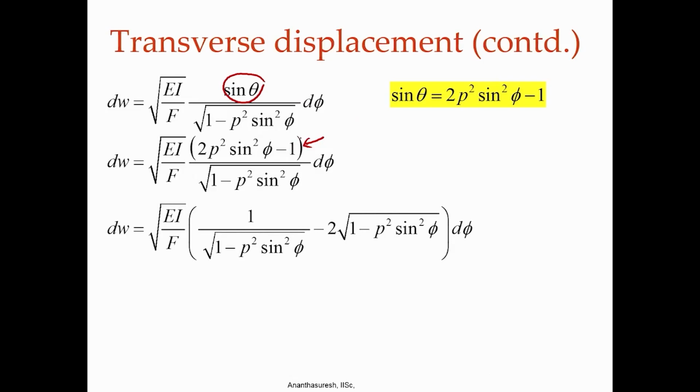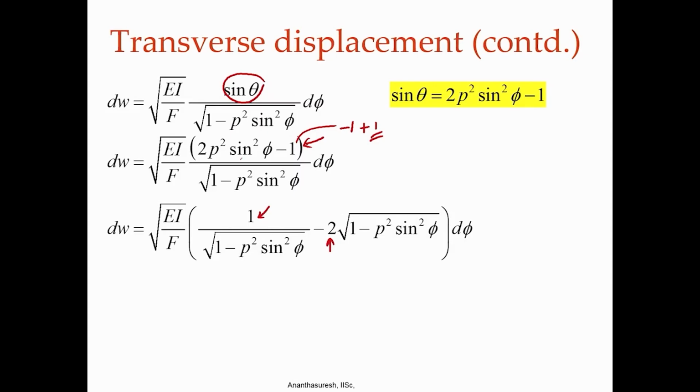Then we do a little manipulation, we add a minus 1 and a plus 1. Why do we need to do that? If I add minus 1, this becomes 2 p square sin square phi minus 2. I can take 2 outside, that becomes square root of 1 minus p square sin square phi, because in the denominator there is the same quantity 1 minus p square sin square phi, and the plus 1 gives rise to this one, just 1 by this one.